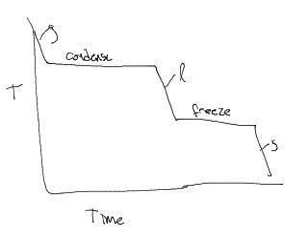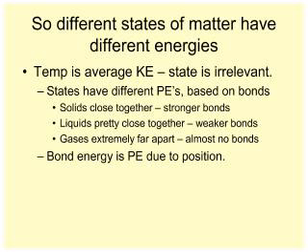I also want to point out that this area right here is longer than this area right here. The reason why is it takes more energy to change from a gas to a liquid than a liquid to a solid.